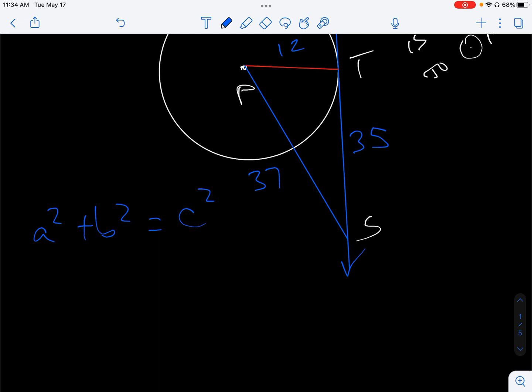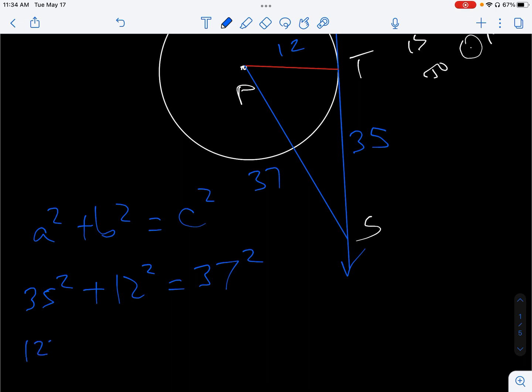So if 35 squared plus 12 squared equals 37 squared, then ST is a tangent. If it's not equal, then it is not a tangent.